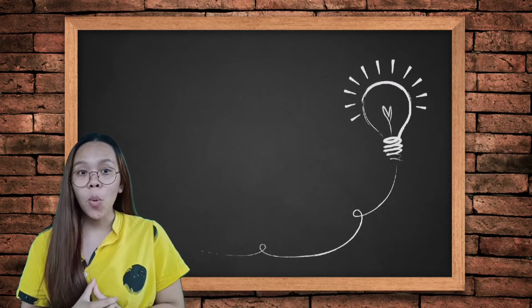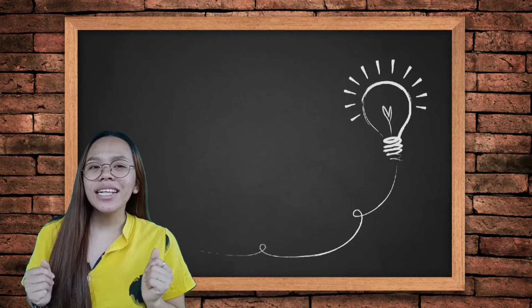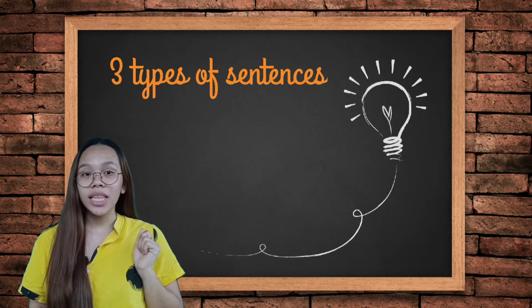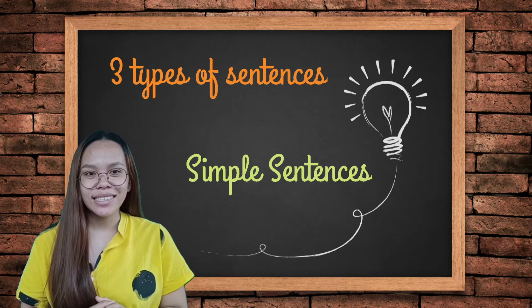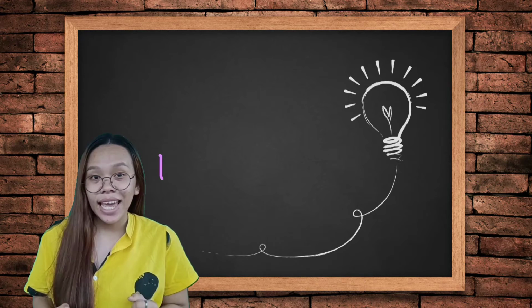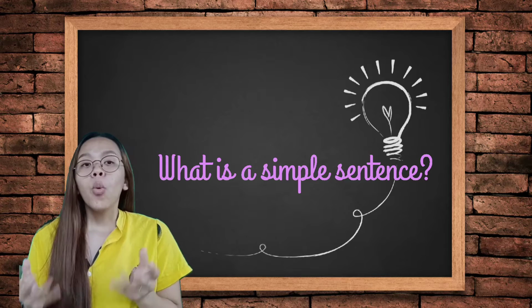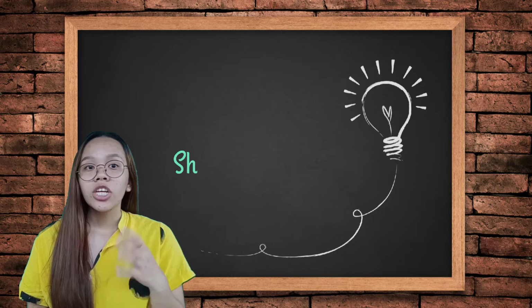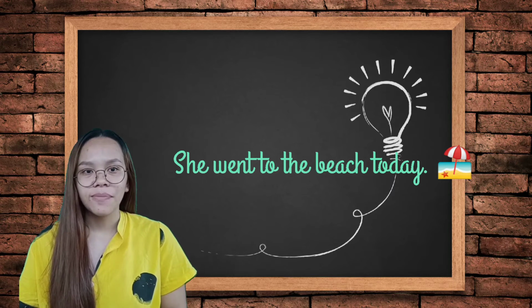Now that we know what a sentence is, let's take a look at the three types of sentences in English, beginning with simple sentences. So, what is a simple sentence? Well, let's go back to the same example I just explained: "She went to the beach today."